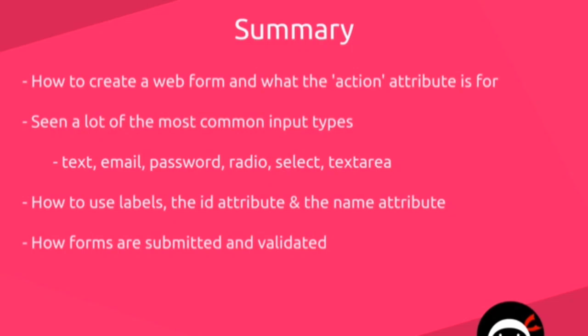So with those different fields, you could go out and make a form that would make up probably about 75% of the forms out there on the web. We've also seen how to use labels, the ID attribute to link an input field with a label, and also we've talked about the importance of the name attribute in form fields as well, especially when it comes to grouping those input buttons together. Finally, we've seen how forms are submitted and validated by the browser before the data is sent off to a server.